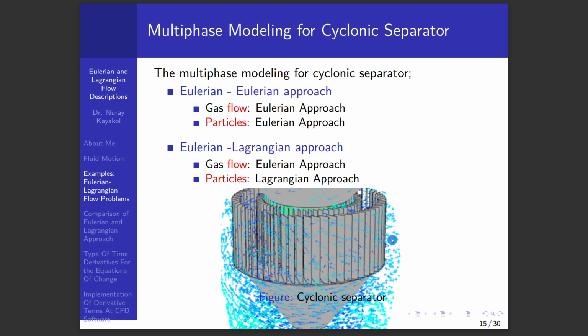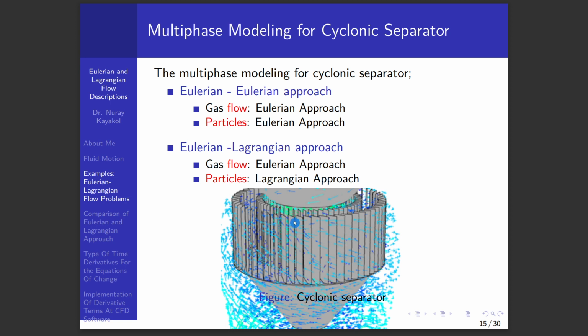There are some blades, and you see the air vectors moving through these blades because of the cyclonic flow. Large particles will move around these blades, and the smaller ones will move inside. You see there are two rows of blades. One is outside, the second is inside.